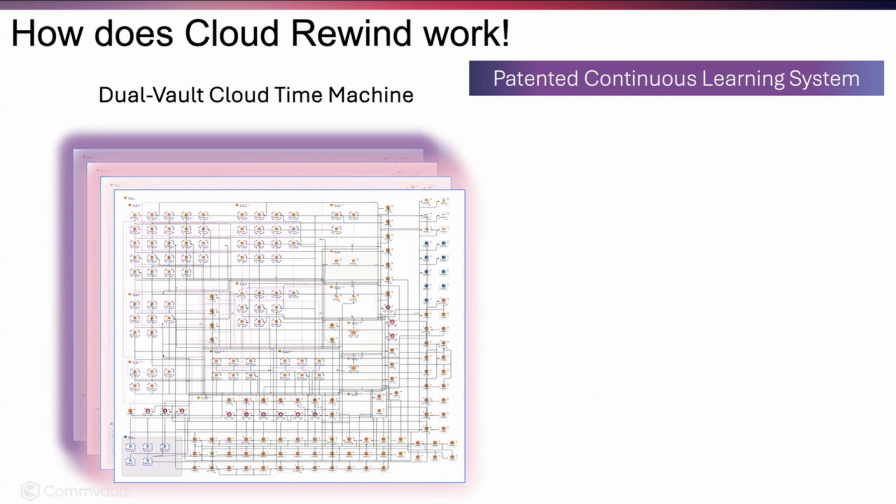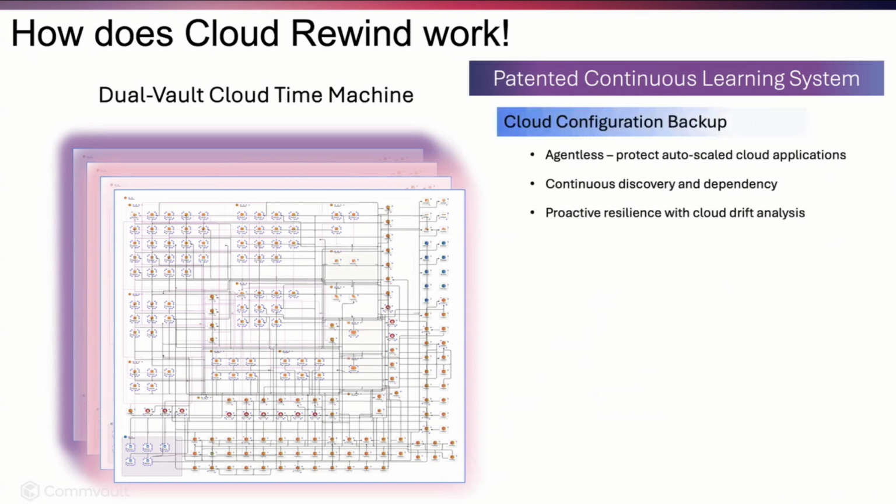Pretty much all those configurations and dependencies are continuously discovered and collected from an application-centric perspective, because these environments are changing faster and faster. So the continuous discovery process and the dependency management take care of it.